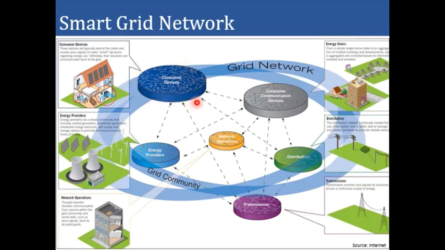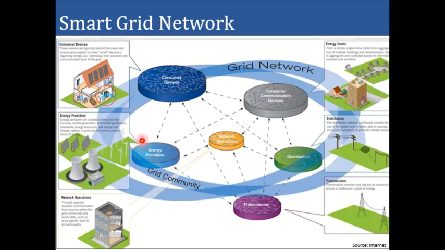So the smart grid network will have consumer devices as one of the major components for having better demand response operations. Now next component is energy providers. Here now not only the conventional thermal power plants but also solar as well as wind farms are now the energy providers.